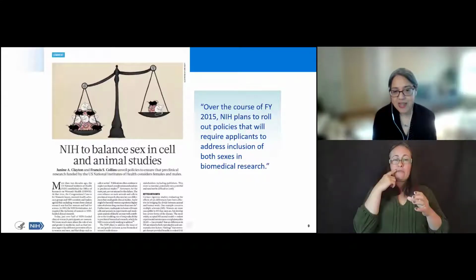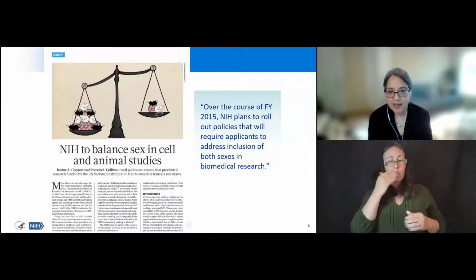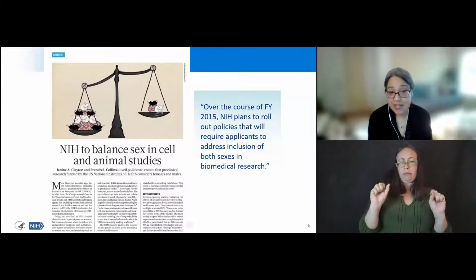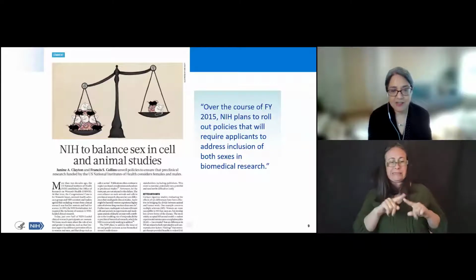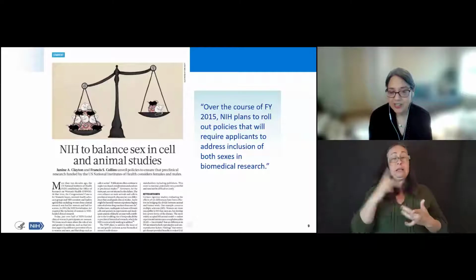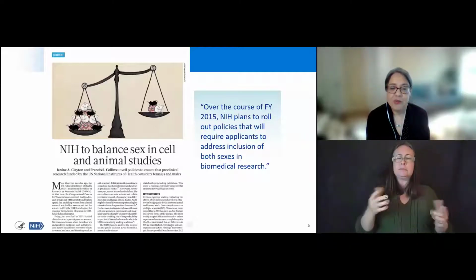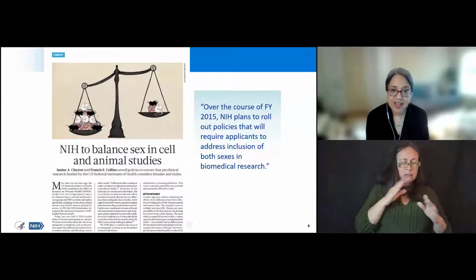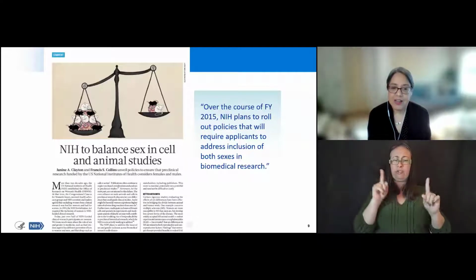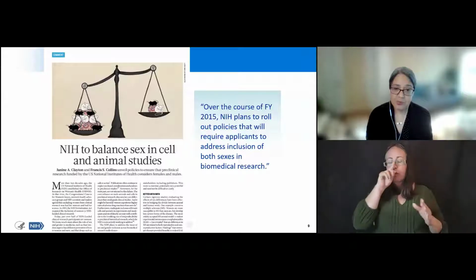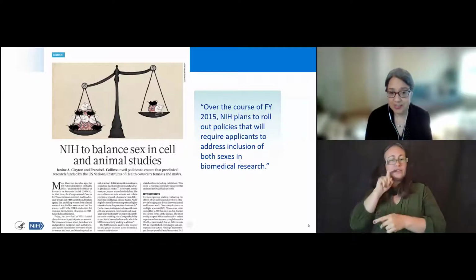We know that males and females can react differently to drugs, and may have diseases that look different, for instance, heart disease. So it's really important that we pay attention to those differences and that we are not only using one particular sex in certain studies.